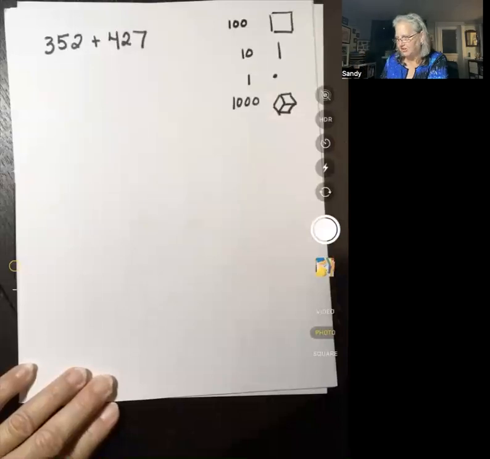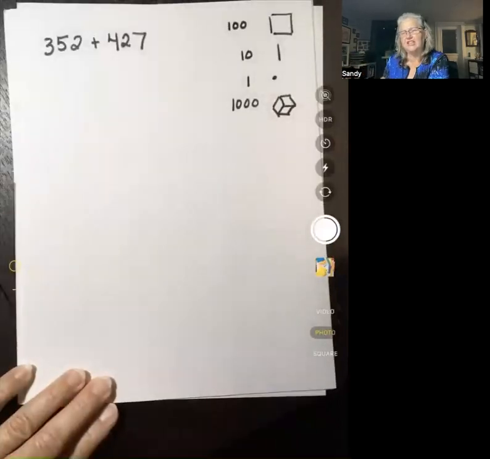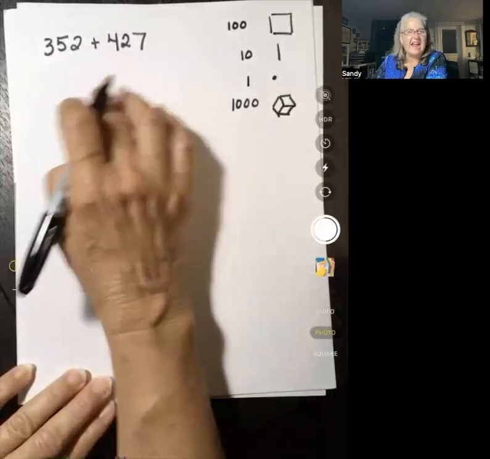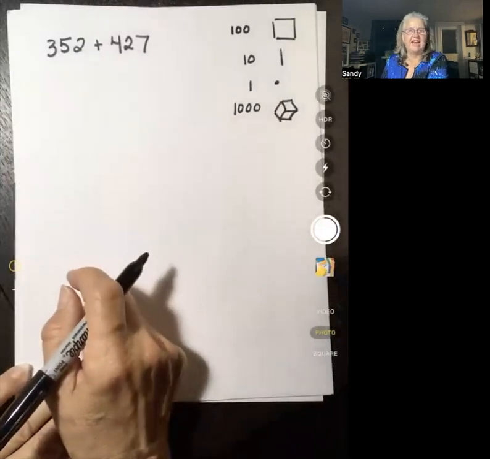So we have these pictures, and the reason we're asking your child to draw the pictures isn't that we think they can't just add the columns if they were to learn that algorithm.